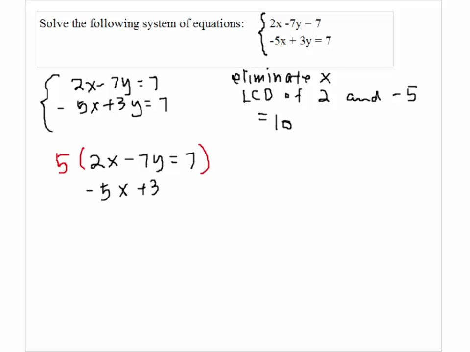And we multiply the bottom equation by 2. So we have 10x minus 35y equals 35.